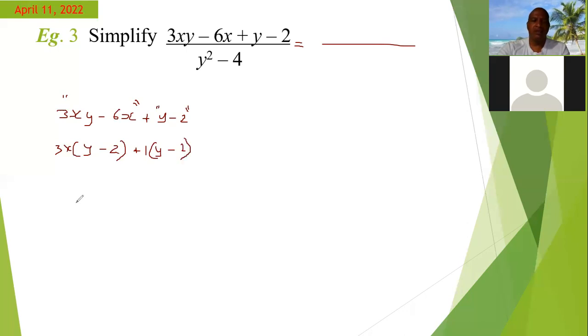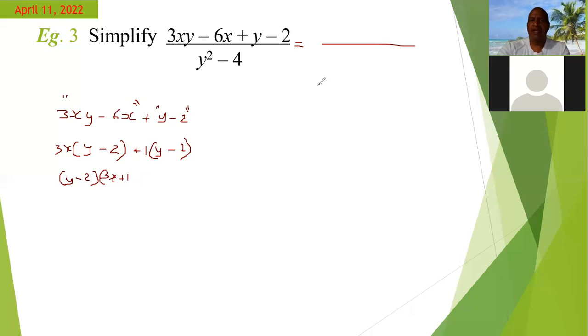Next, what do we do? Pull out the y minus 2, sir, and then group the 3x plus 1. All right, so we have y minus 2 as a common factor, and then we group 3x plus 1. So when we factorize our numerator, that's what we get.